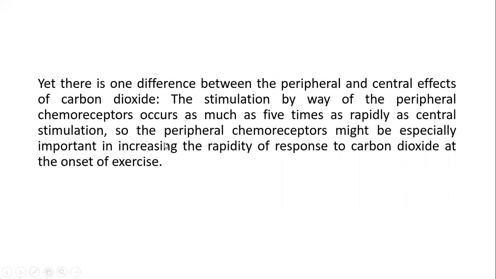لكنه الفرق الآخر شنو؟ There is one difference between the peripheral and central effects of carbon dioxide. The stimulation by way of the peripheral chemoreceptors occurs as much as 5 times as rapidly as central stimulation.